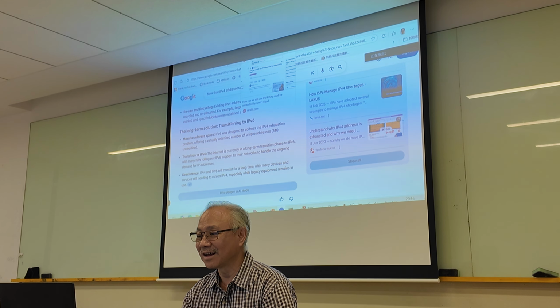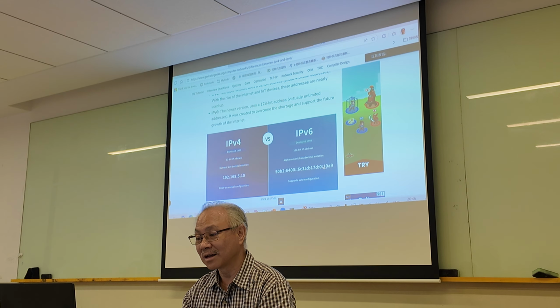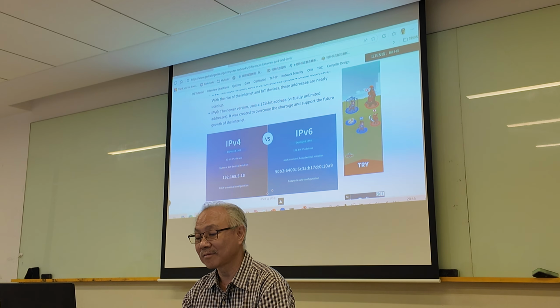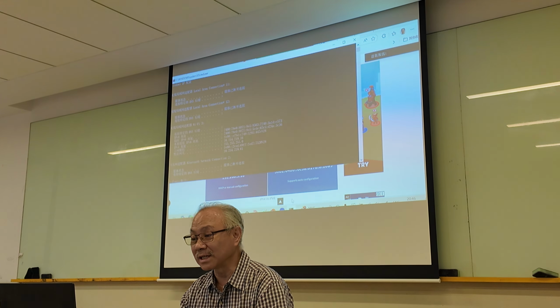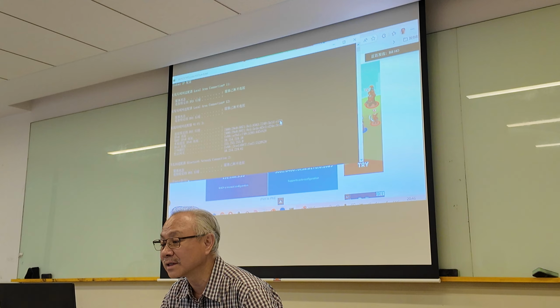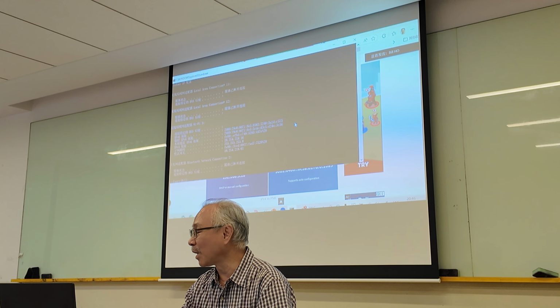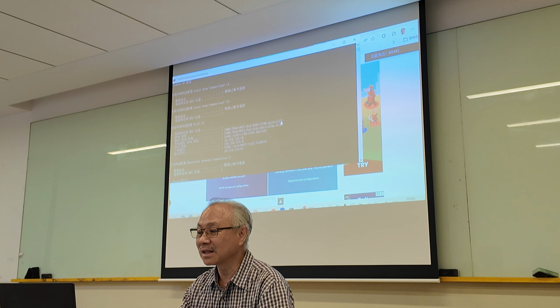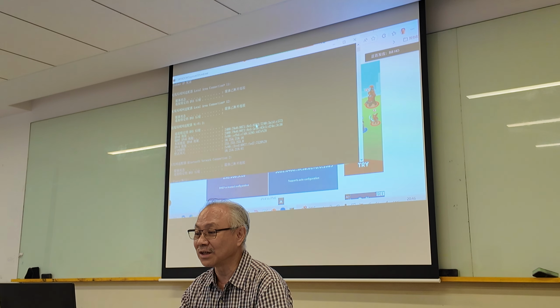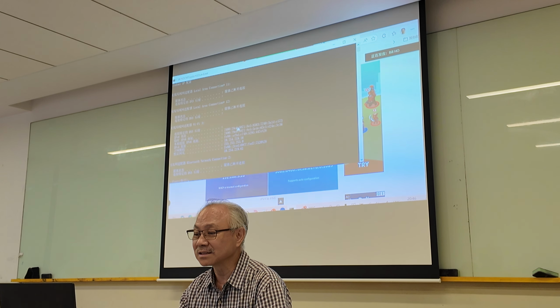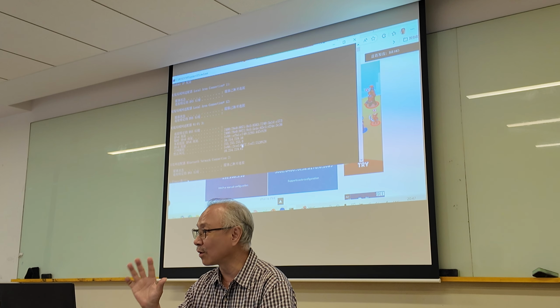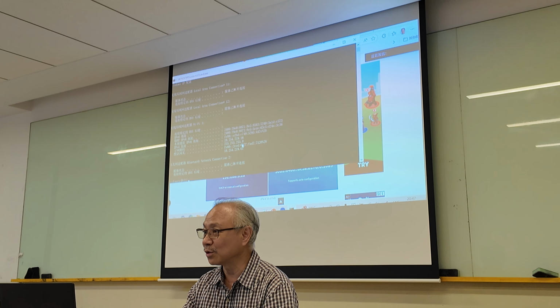Okay, so this is the notation for how you write IPv6. You can see 1, 2, 3, 4, 5, 6, 7, 8 blocks of 16 bits.